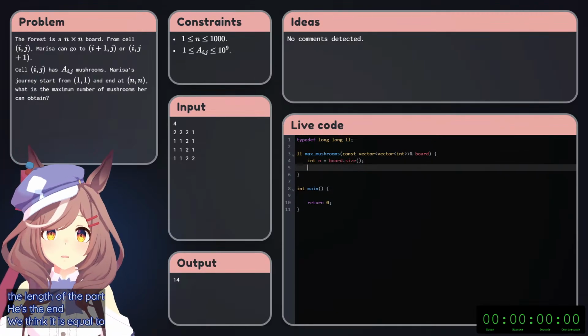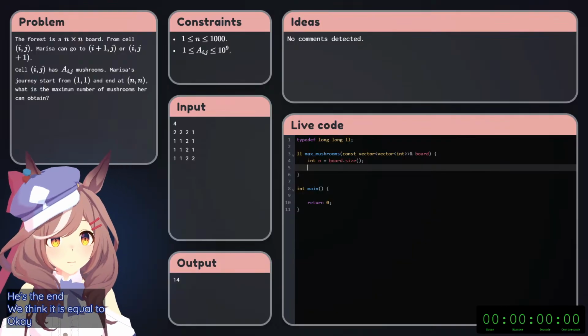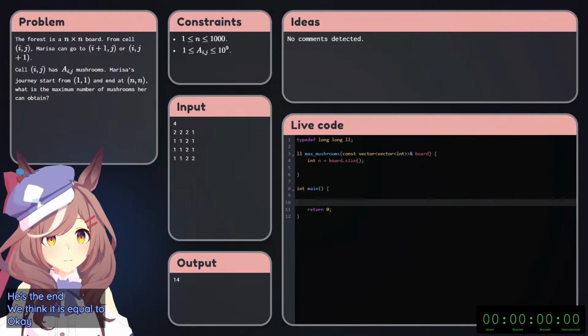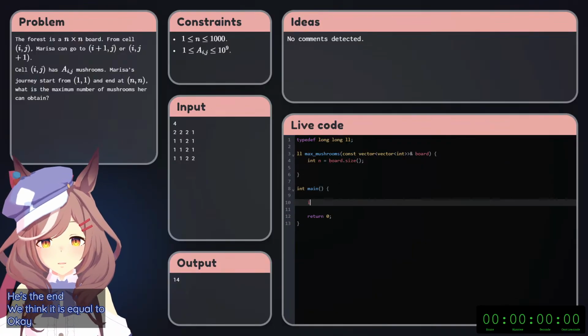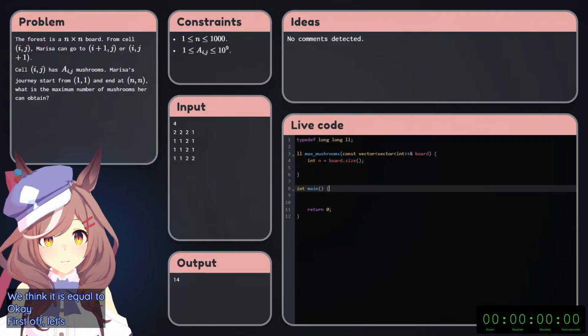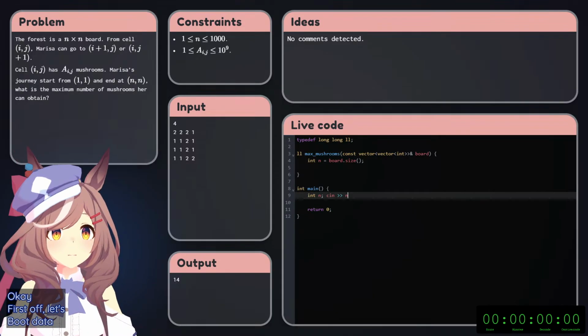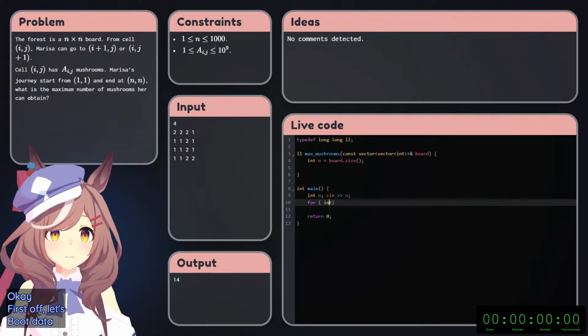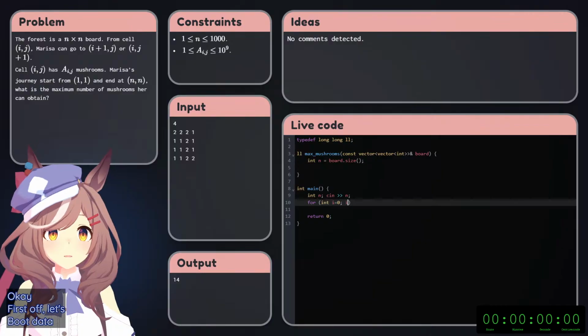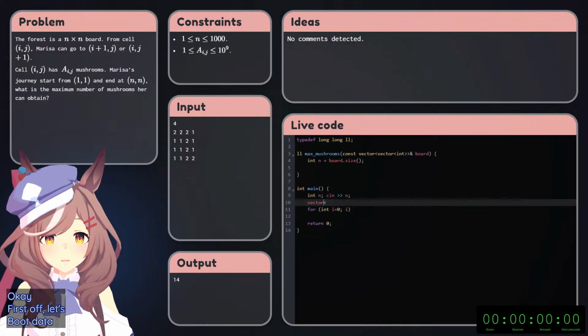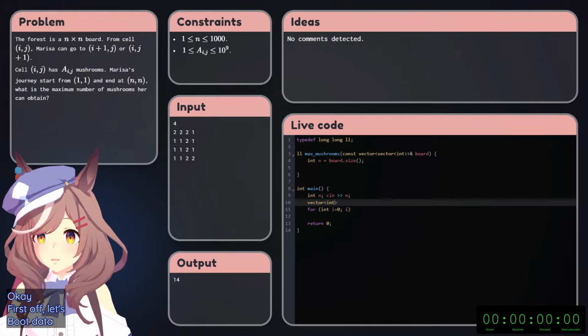Okay, and first off, let's process the input data. And next we process the array.